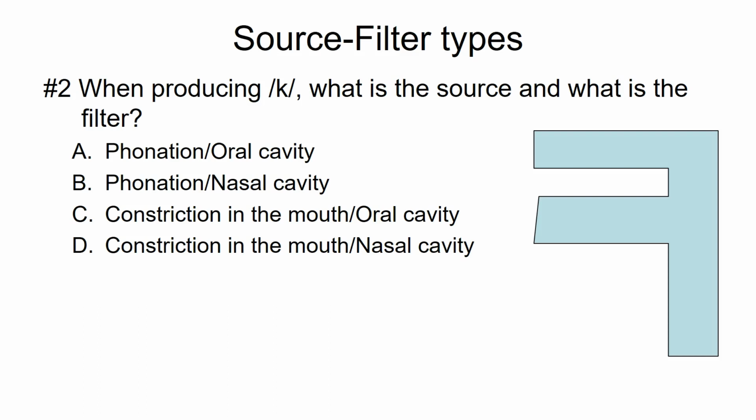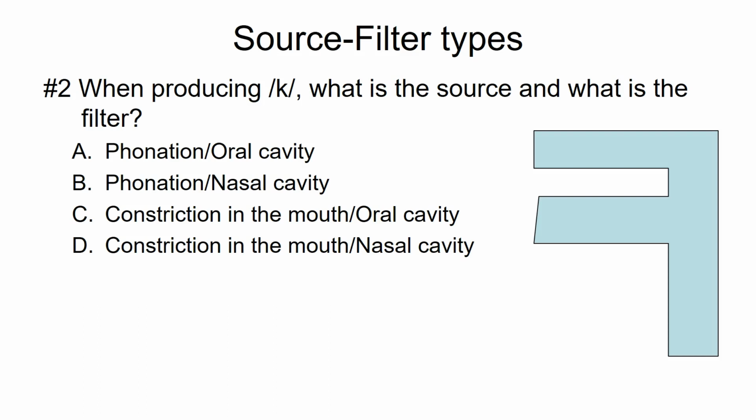Our second type of source filter is a consonant type sound, like a k or a t or an s or a sh. Here, we don't have vocal fold vibration going on. We have a sound source generated by making some sort of constriction in the mouth. Where that constriction takes place depends on the sound. It's different for a k than it is for a t than it is for a p, for example.